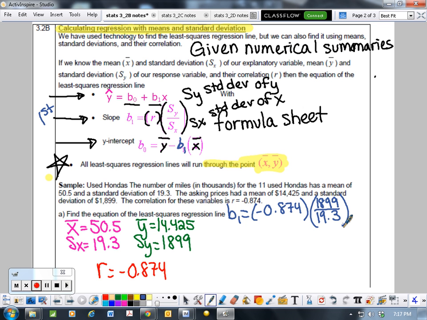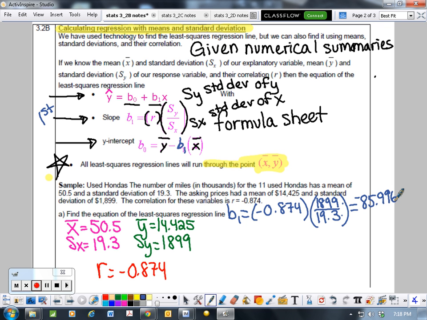And the thing that's interesting about that is, remember how slope is the change of y over change of x, or y2 minus y1 over x2 minus x1? That follows suit here: y's over x on those standard deviations. So now that I've calculated that, we get a slope value of negative 85.996.